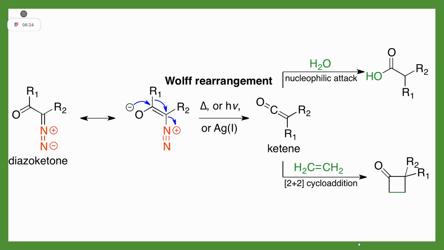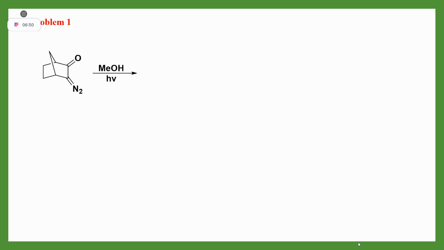Whenever a diazoketone is left under thermal or photochemical conditions, it leads to the formation of a ketene, which can react in two ways: either by nucleophilic attack, for example here the nucleophile is H2O, or it can be used as a 2 plus 2 partner. Understood? So, on the basis of this recap, let's try to solve problem number 1 of today's problem solving session.